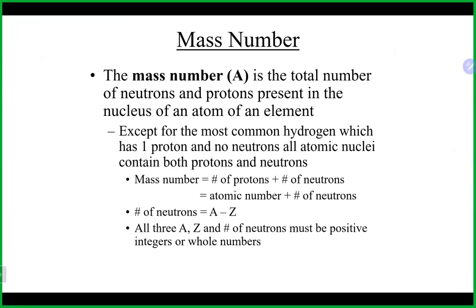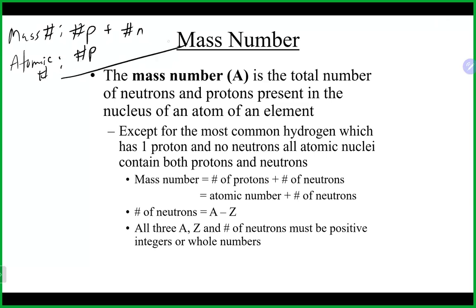Why that number is important along with the atomic number is that if you take the mass number, which is our number of protons plus our number of neutrons, and you subtract the atomic number we were just talking about, which is our number of protons, the protons will cancel, and that will tell you the number of neutrons.